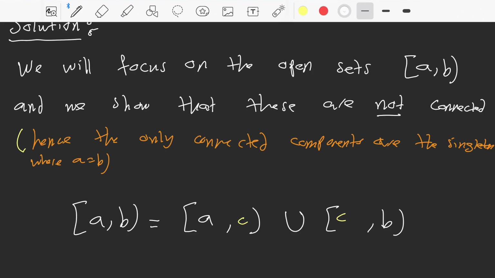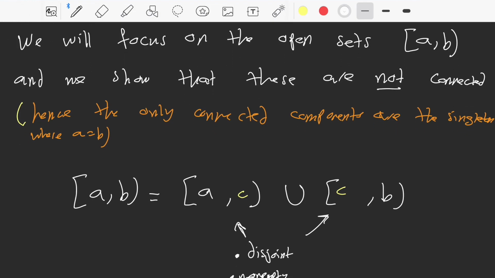First of all, those are disjoint. This is the first information. Second, non-empty. Of course, A is not equal to B. And the third, which is the most important, both of them are open in the Sorgenfrey line topology.